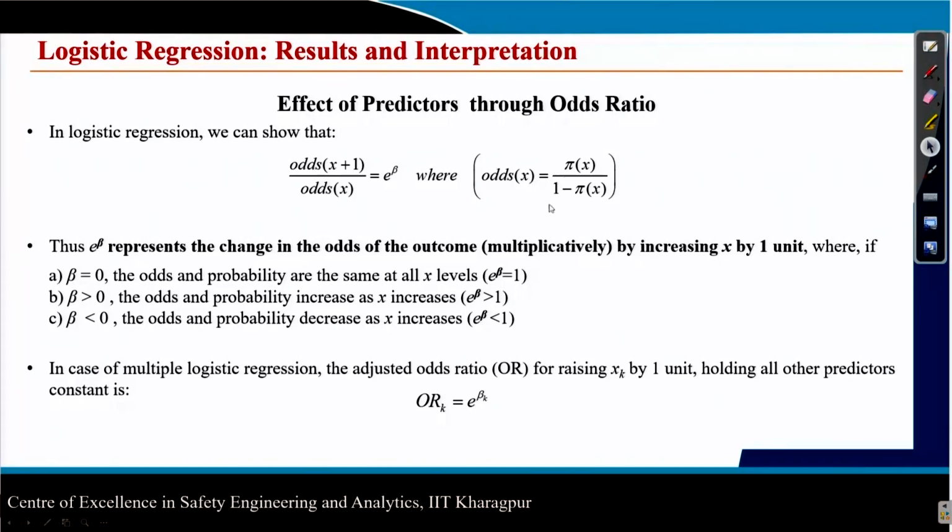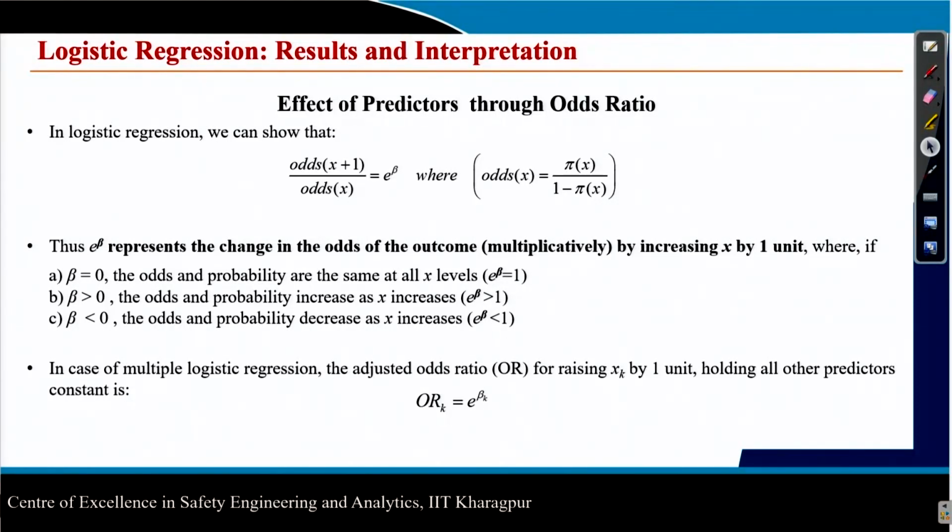Now, when you talk about the odds ratio, it brings another thing into consideration, that is the predictor variable. If I consider a predictor variable x, and the value of the predictor variable is x, what is the odds? And if I increase the predictor variable value by 1 unit, like x equal to x plus 1, what is the odds?